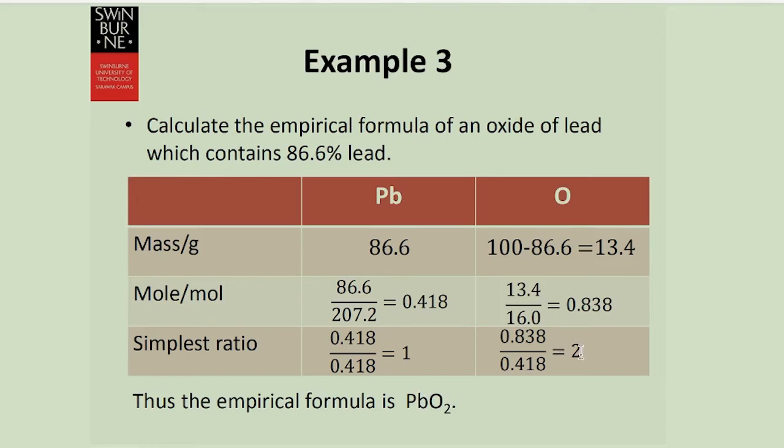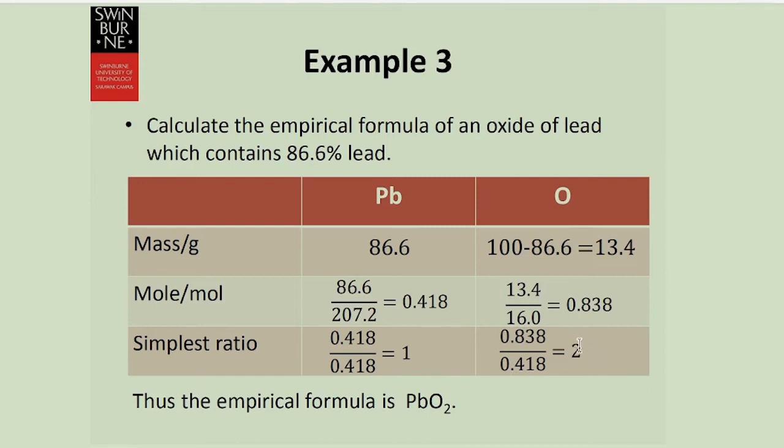Just for your information, if we do not find a whole number yet, like 1.5, let's say it is not 2, it's 1.5. What we would do is multiply by 2 on both sides until we get a whole number.